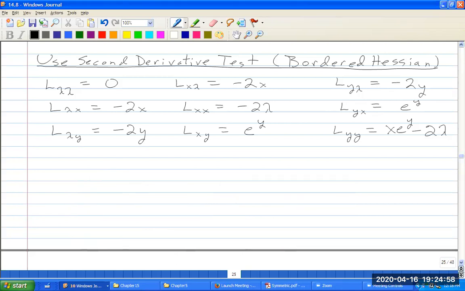Okay, so I have 2 variables, 1 constraint, so I only need 1 Hessian. So I just need the full Hessian. So all I have to do is look at this Hessian.